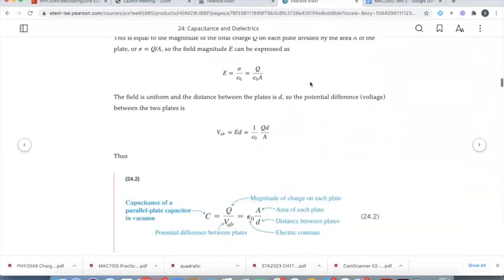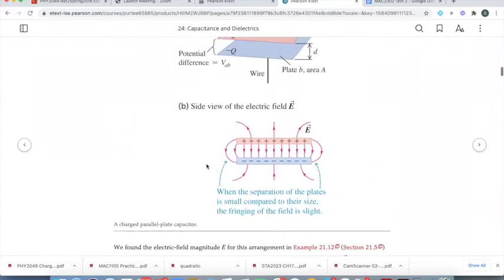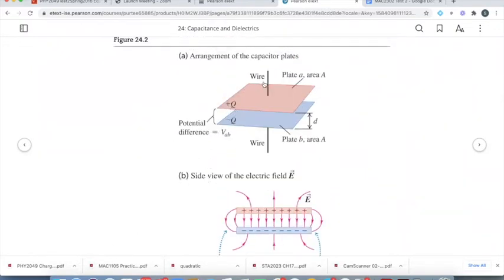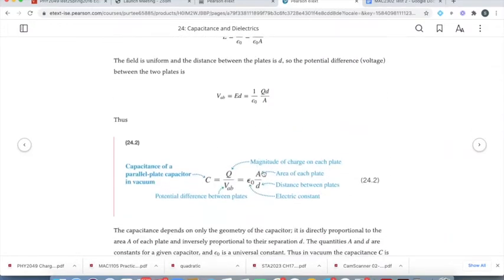Even though C by definition is Q over V, this is saying the amount of charge you can store up here on this positive plate per unit volt is proportional to the area and inversely proportional to the distance between them. If you increase the area, you can store more charge per volt. If you increase the distance, you can store less charge per volt. Purely geometric.